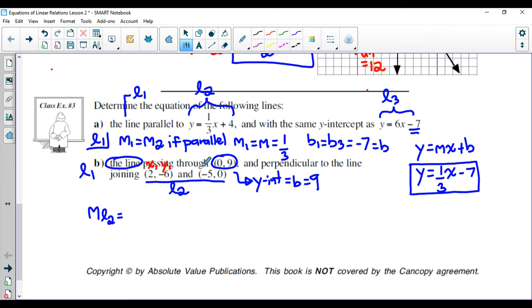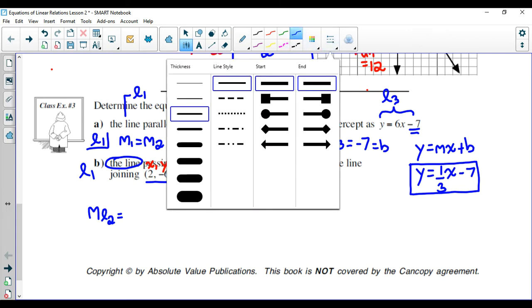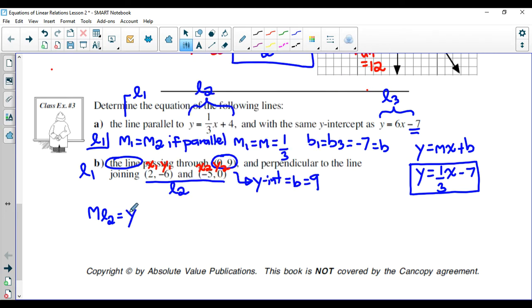We're going to call this point x1, we'll call this y1, we'll call this x2, we'll call this point y2. Okay, so let's write down our slope formula. So the slope of line 2 would be y2 minus y1 divided by x2 subtract x1.